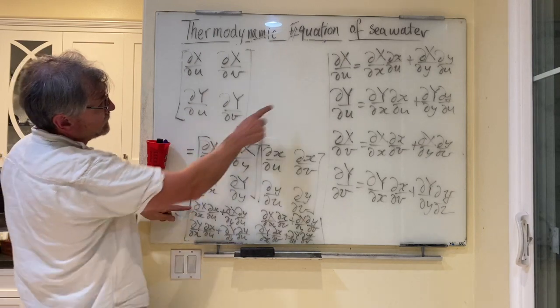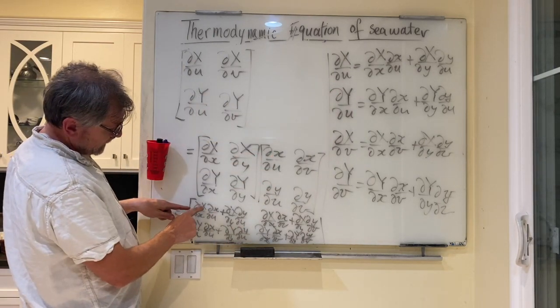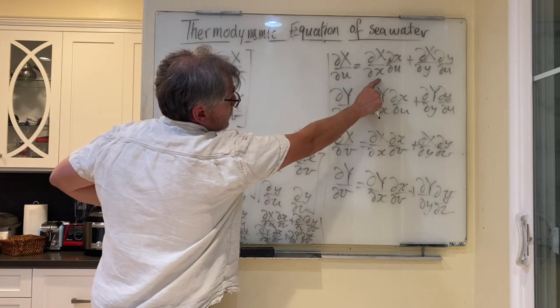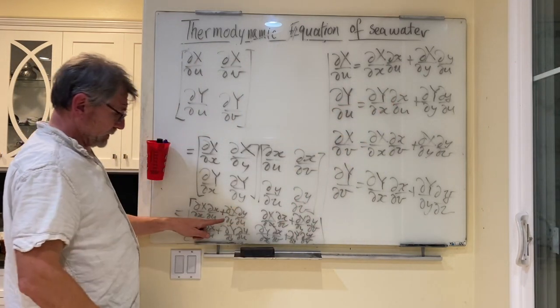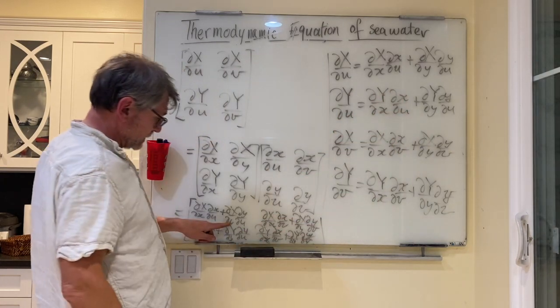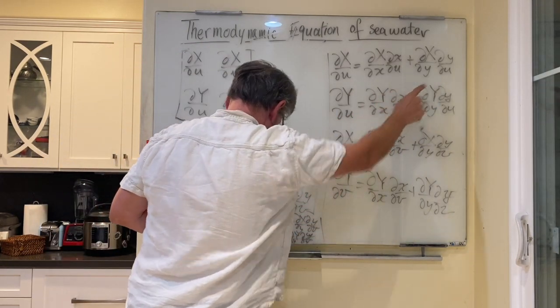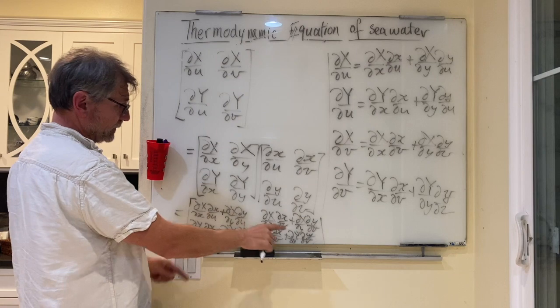And if we check now, this element should be equal to dX/du. So let's compare this to dX/du. We have dX/dx, dx/du, plus dX/dy, dy/du. And let's check another term.